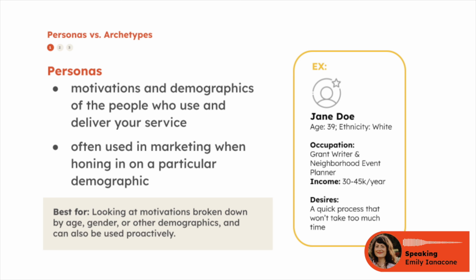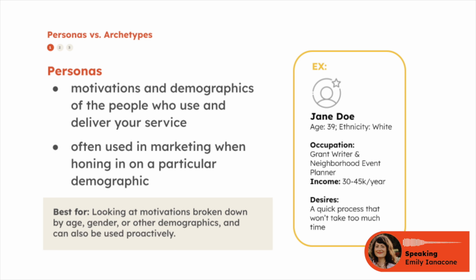So you give them a name, some demographic information, what they do for a living, what they're trying to do, and it helps you understand their needs and how they're using the service. These are often used in marketing. They're best for looking at motivations broken down by key demographics, and can also be used more proactively. So we have our Jane Doe example from special event permitting.